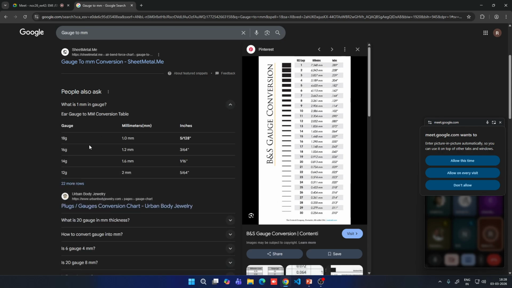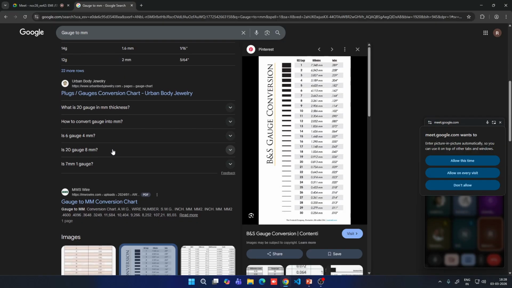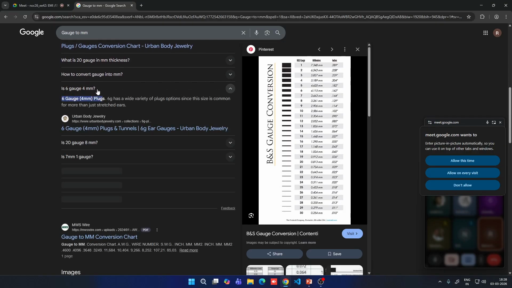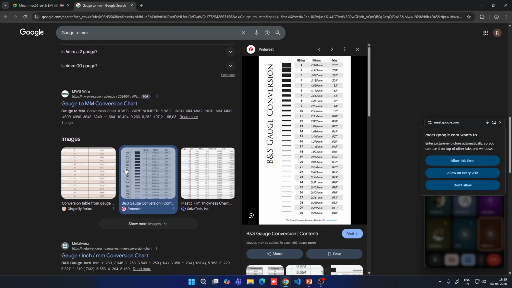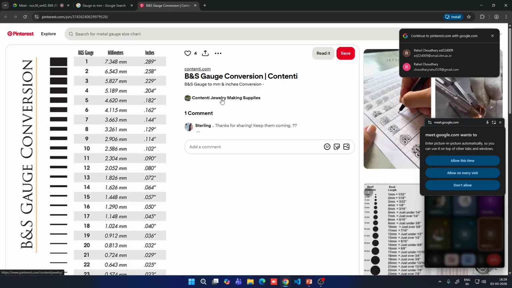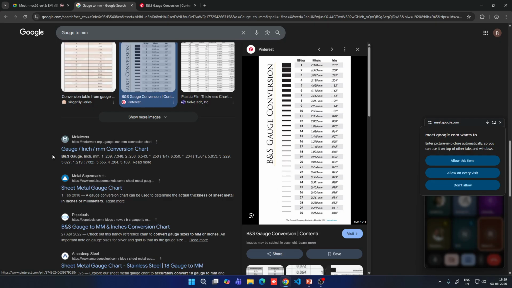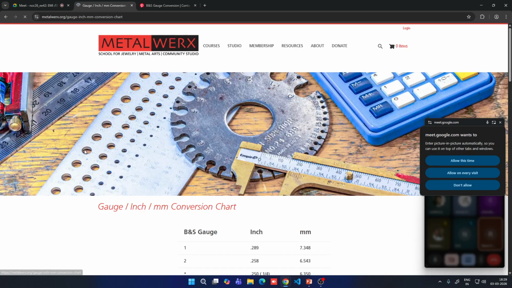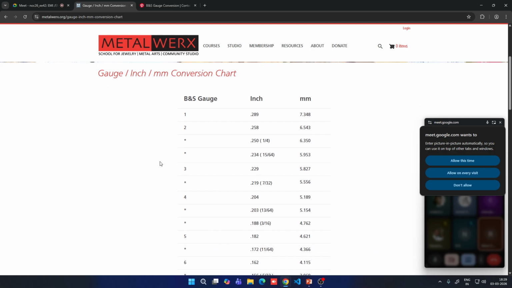What is 1 mm in gauge? So it is showing something as 5.827.